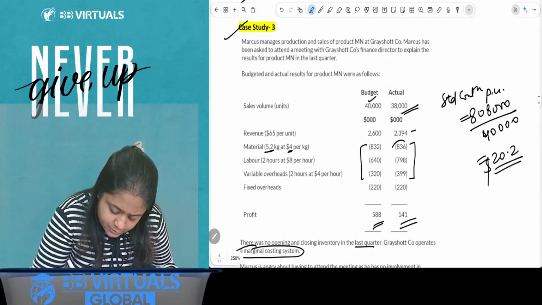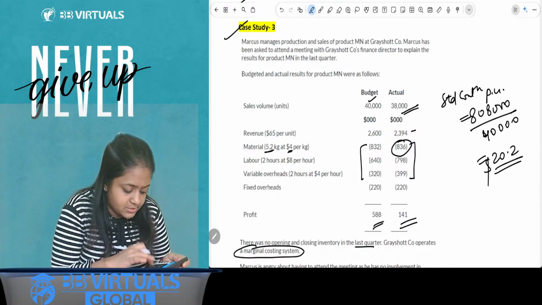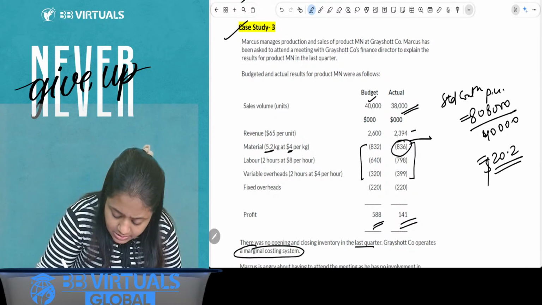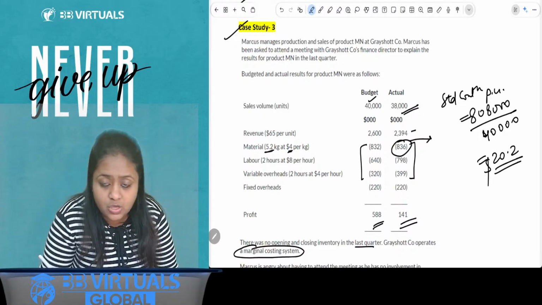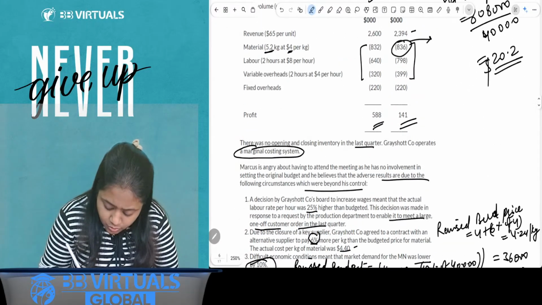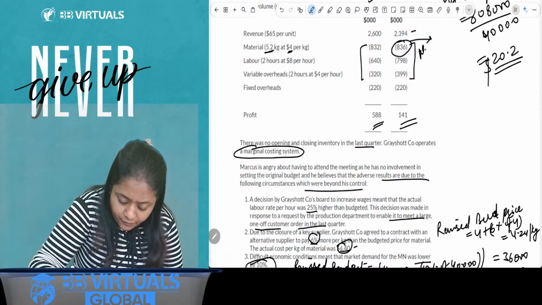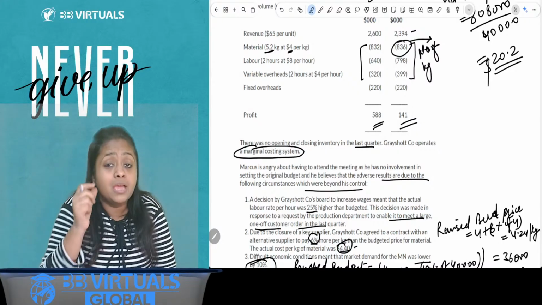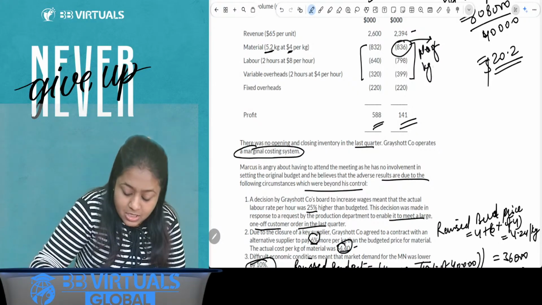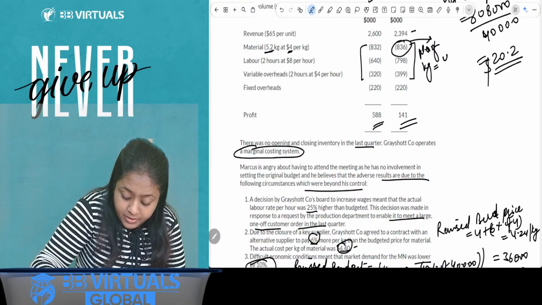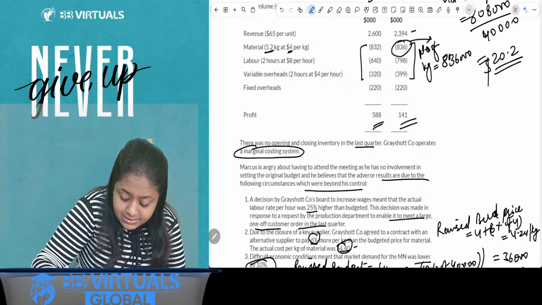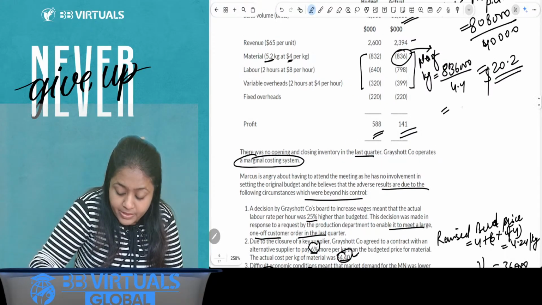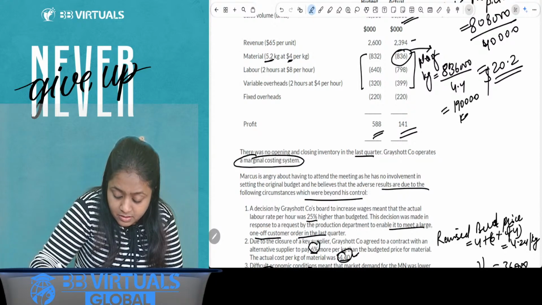So if you want to get the kgs, the cost per kg is given to you, 4.4. In variances we always multiply the standard cost with actual kgs. So the actual number of kgs will be 836,000 divided by cost per kg of 4.4, so it is 190,000 kgs.